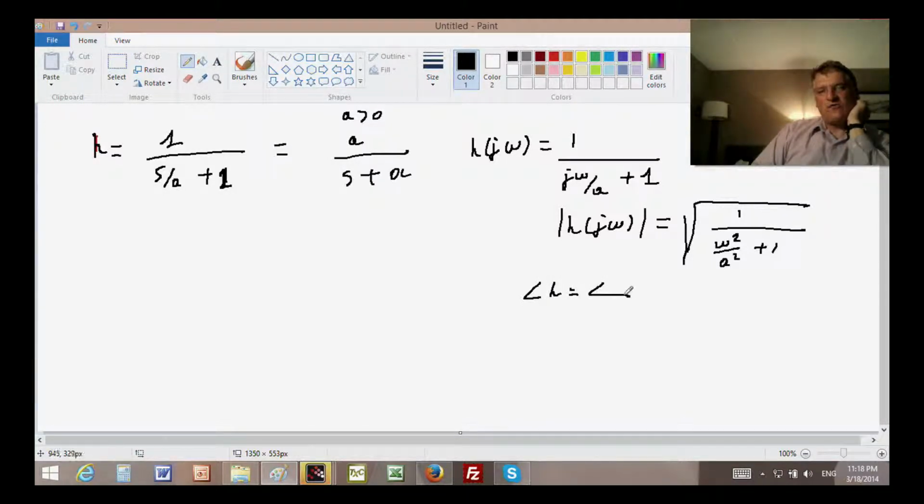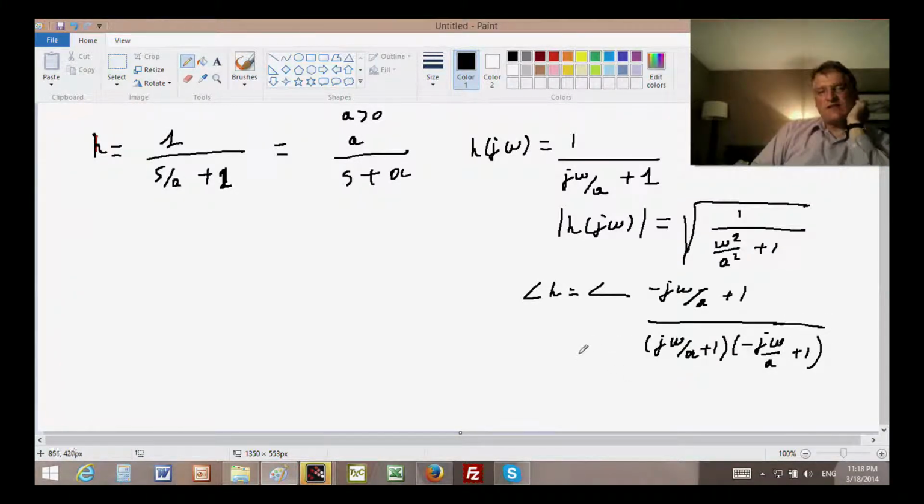But before I go on for more simple considerations, the phase of h would of course be the phase of, if I multiply by the complex conjugate here, minus j omega divided by a plus 1, divided by j omega over a plus 1 times minus j omega over a plus 1.